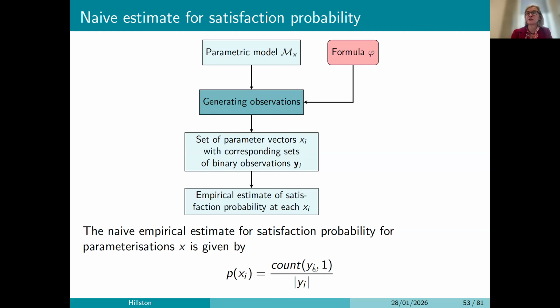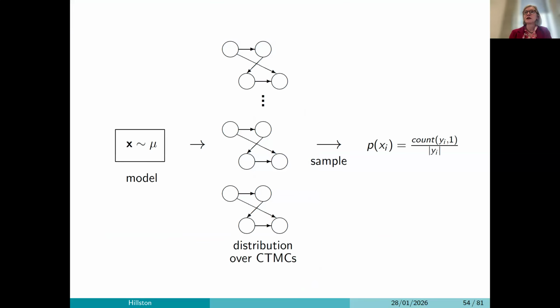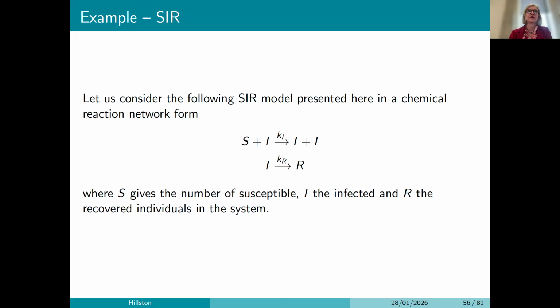We count the proportion of times that our formula is satisfied over all the samples that we got. Through generating the samples for each one, we start to get a satisfaction probability over the distribution of values of x.